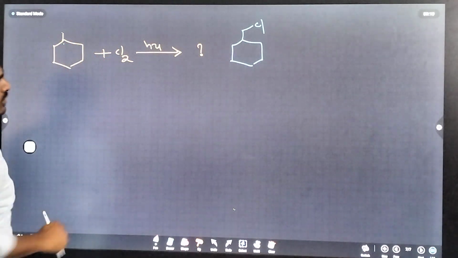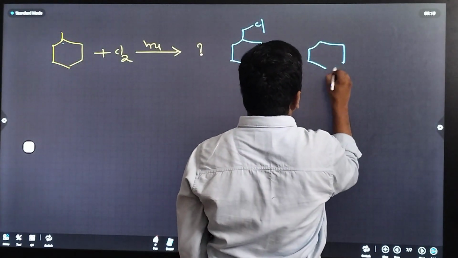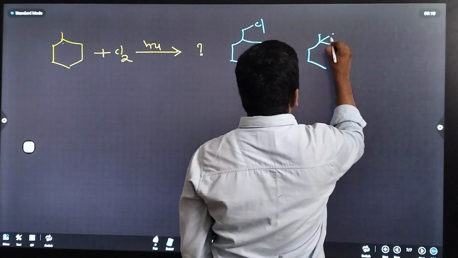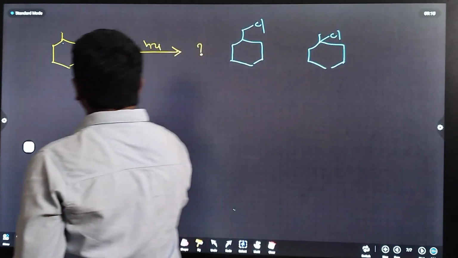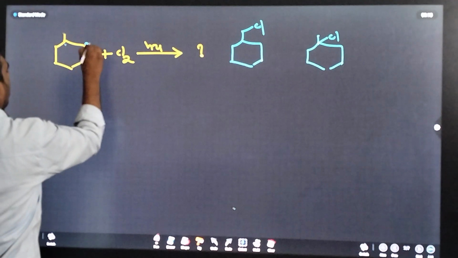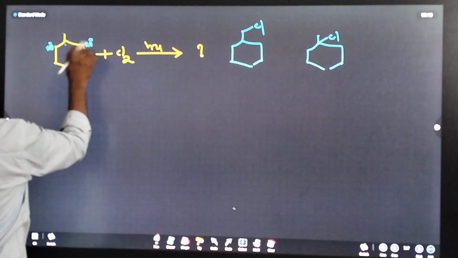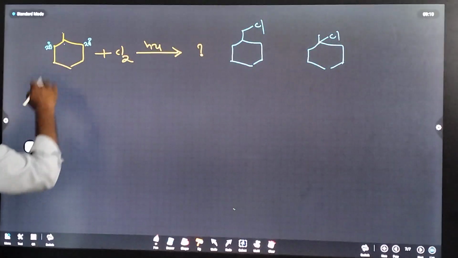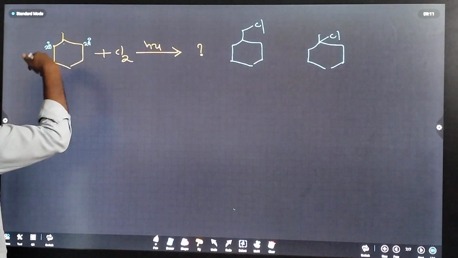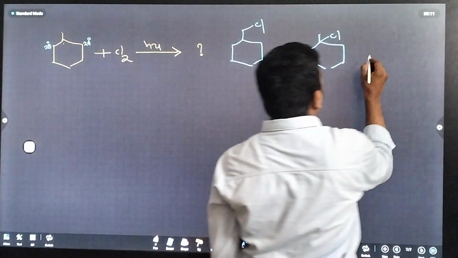This hydrogen replaced by the chlorine atom, so we get another product. Here this hydrogen and these two hydrogens are secondary hydrogens. These two hydrogens are the same. Whenever any of these 4 hydrogen atoms is replaced by chlorine, we get one product.